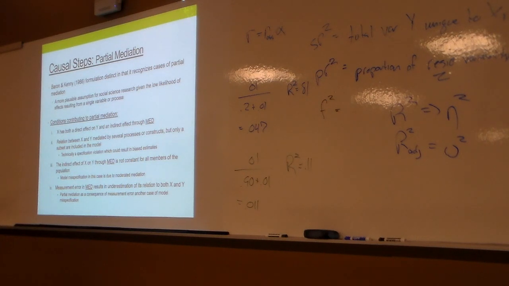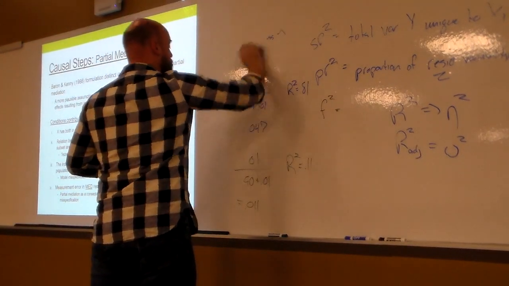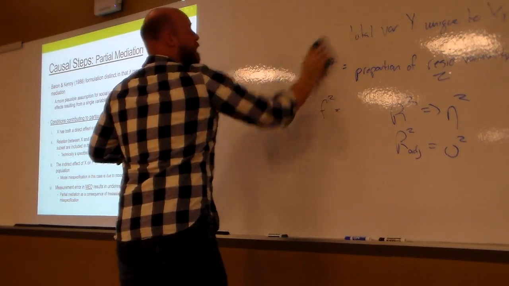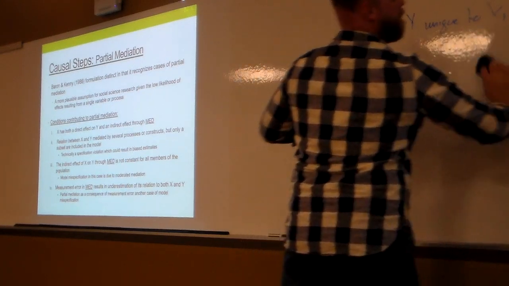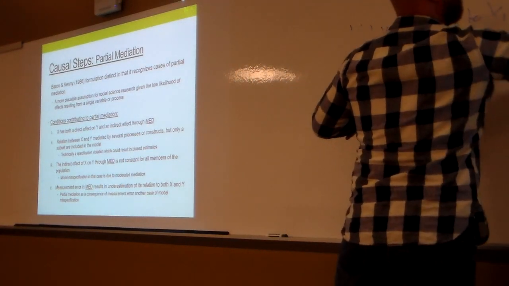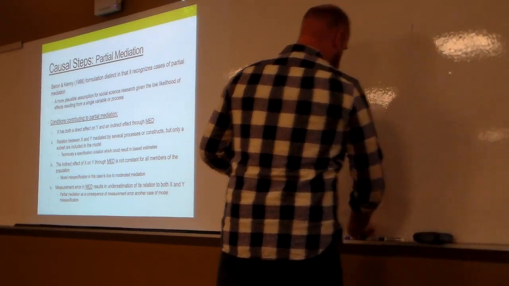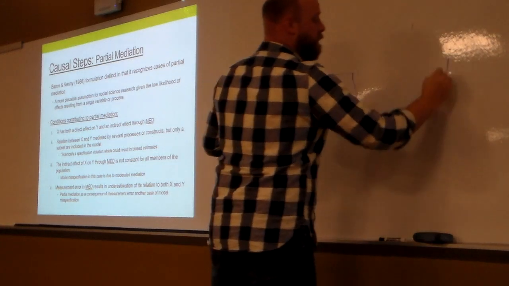Partial mediation means X has both a direct effect on Y and an indirect effect through my mediator.